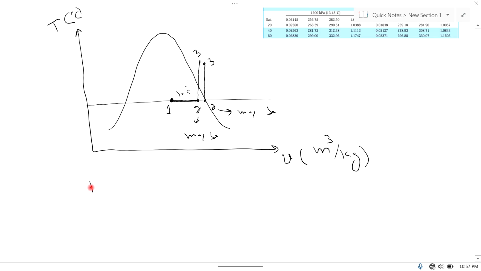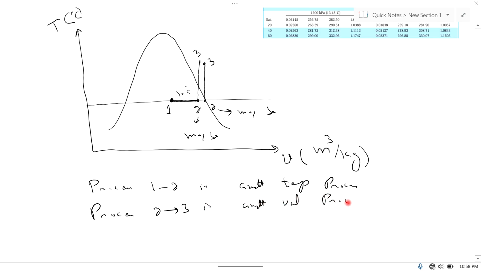So process 1 to 2 is a constant temperature process, and process 2 to 3 is a constant volume process. This is clear from the statement of the problem.